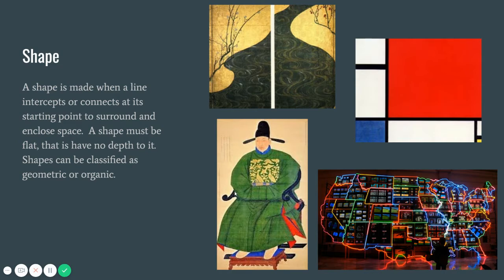And even though we recognize the green area as this person's body, as this person's kind of cloak, we also can recognize that it is just a basic flat shape. And yeah, there may be some distinguishing lines inside of it that give off a little bit more detail, but overall it's a basic shape. Here you have outlines that have come together to capture an enclosed space. And it just so happens that, again, when you repeat it over and over again, they become recognizable shapes, and we can recognize these as being the states.